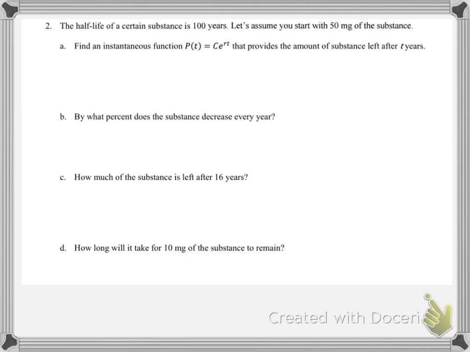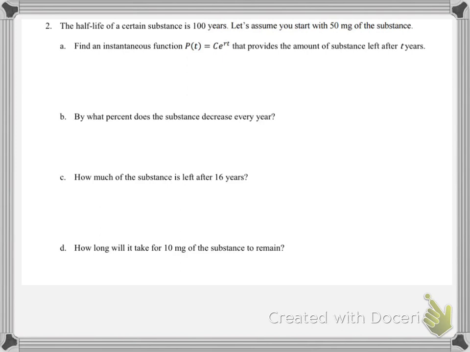And so we want to write a model Ce to the rt that models the decay of a substance starting at 50 milligrams and having a half-life of 100 years. So in this case, we can't use a decay rate of 0.5, right? Because that's just every 100 years. And the period of time we're using here is just years, so this is a situation where we're going to have to use 2 points to solve for our decay rate.